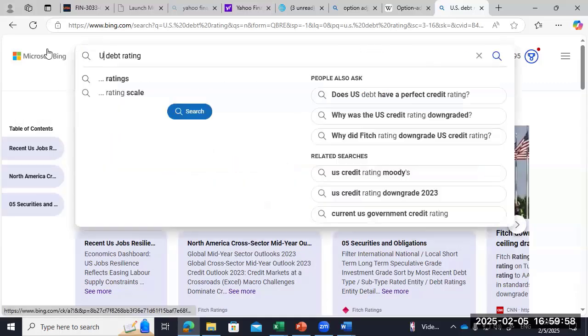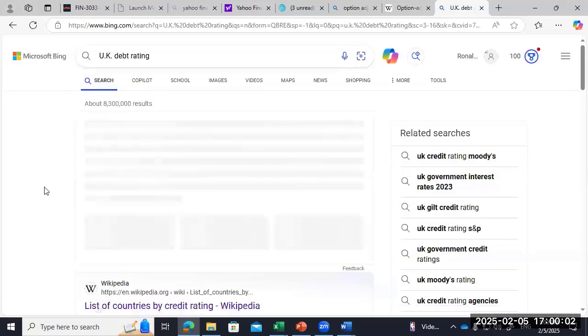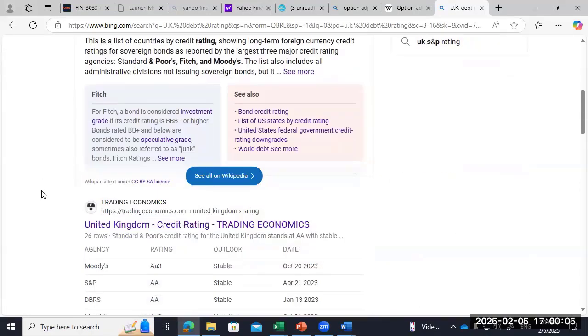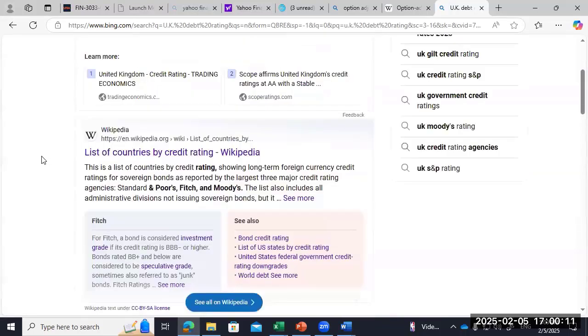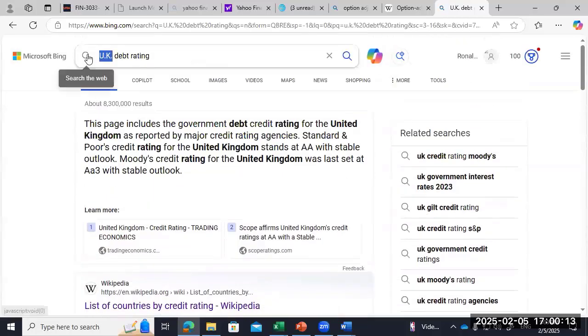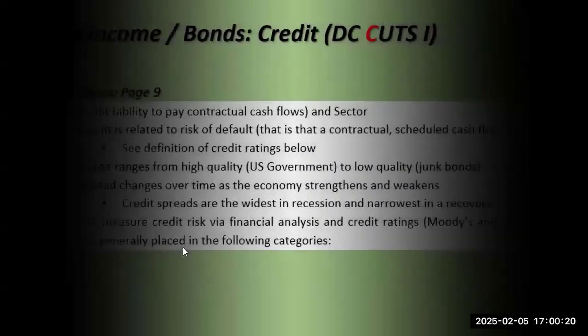What do you think about the UK then? Should be AAA, right? AA, so they're AA. They're not AAA, but they're highly rated. So you can put other countries in there and look at their credit ratings. So countries are rated, individual corporations are rated.